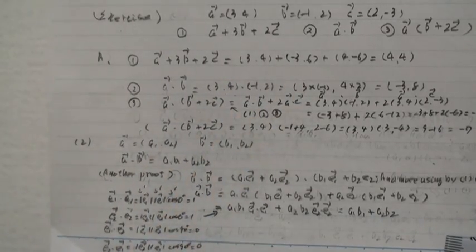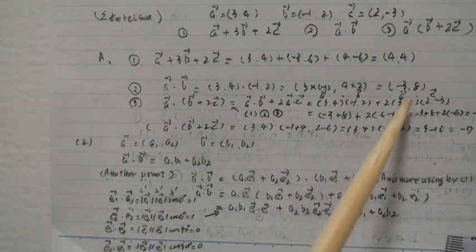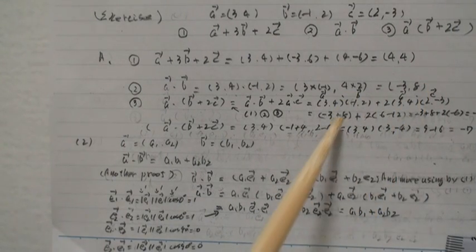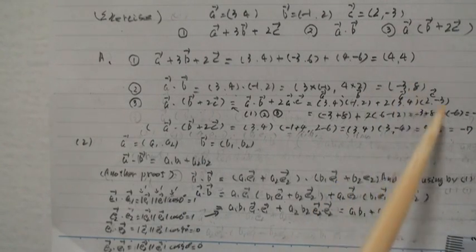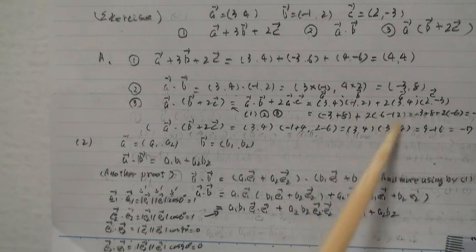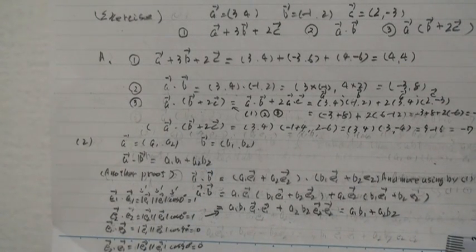Okay. And equal, this component calculation A·B and A·C. And this is then minus 7.